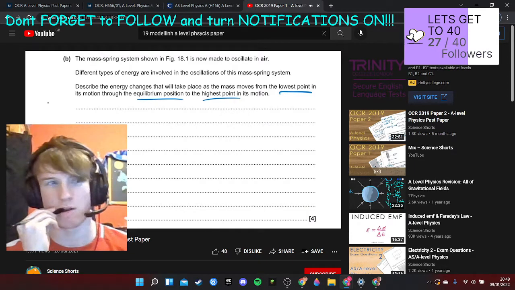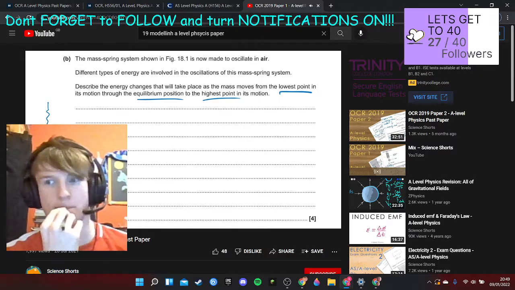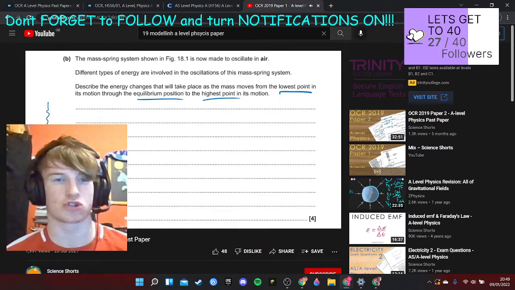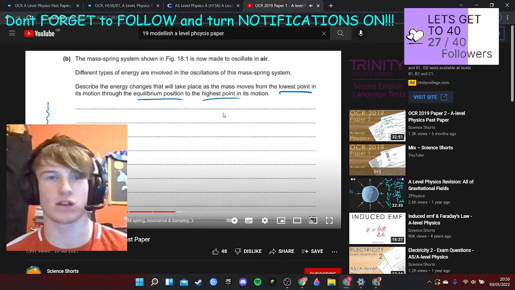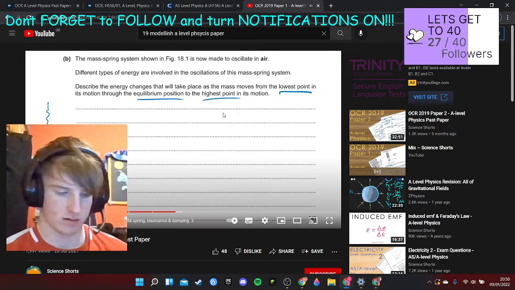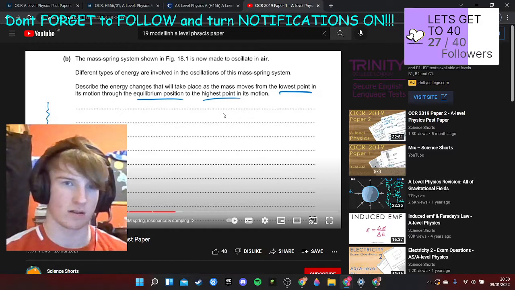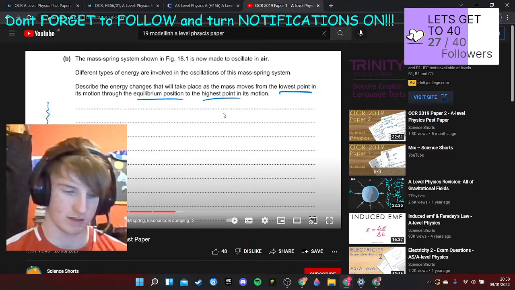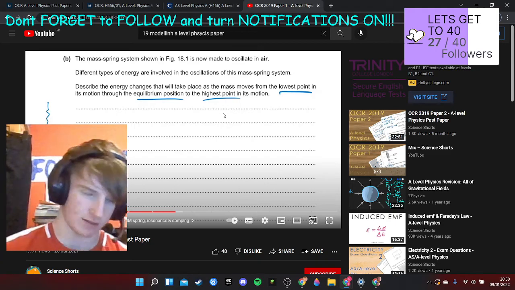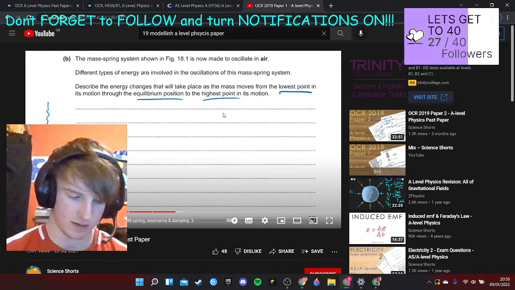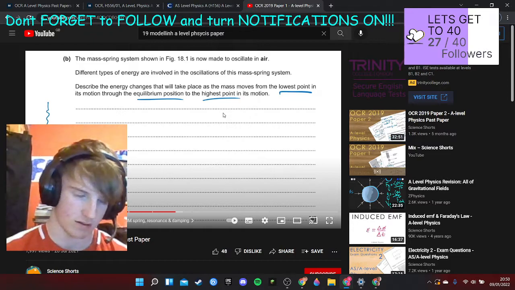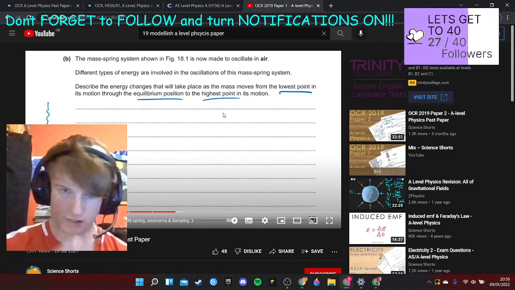Okay, so we know that when it's at the bottom, we have minimum GPE, but we have max elastic potential energy in the spring, as I said.